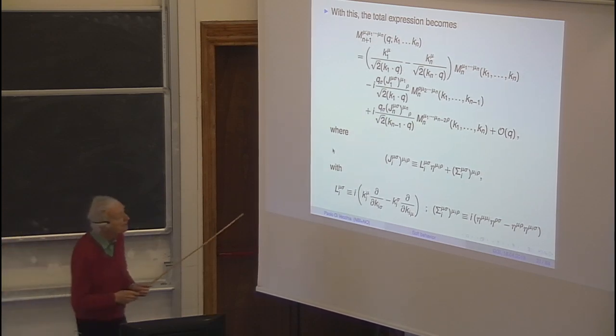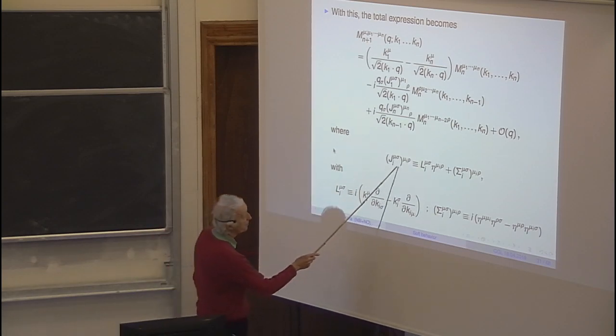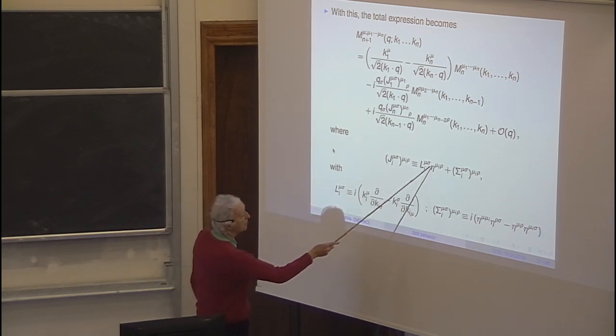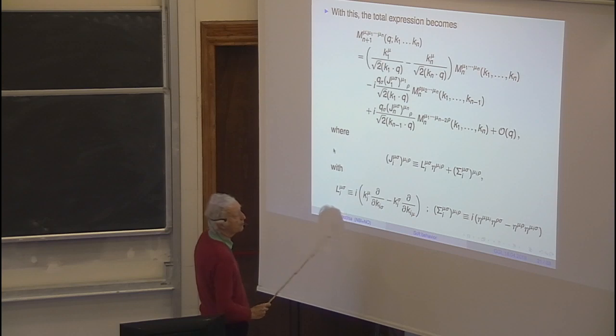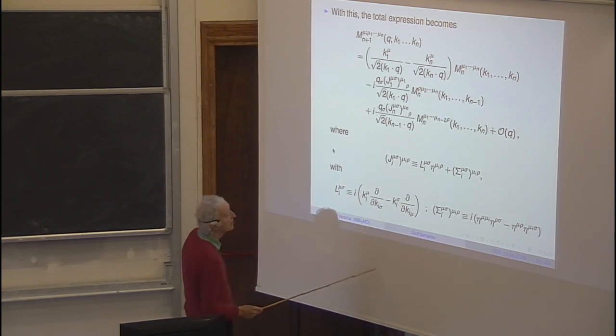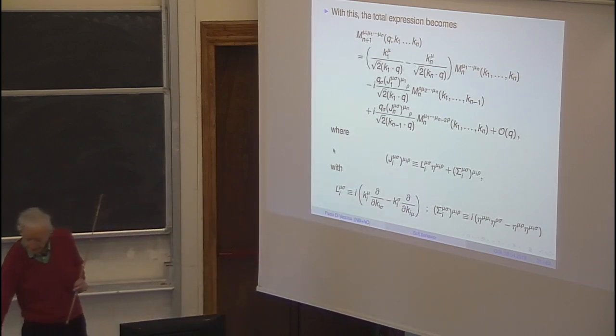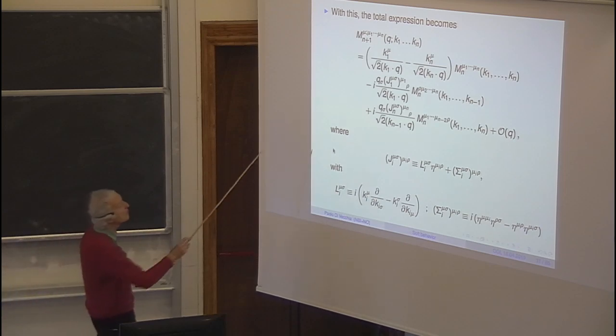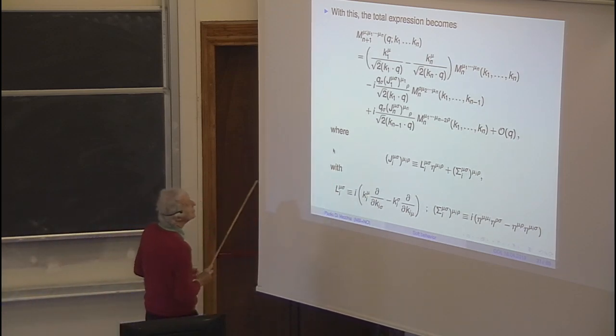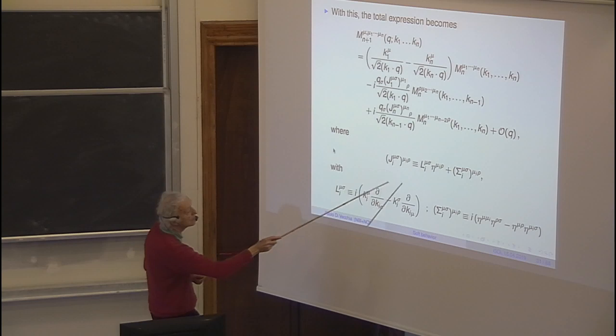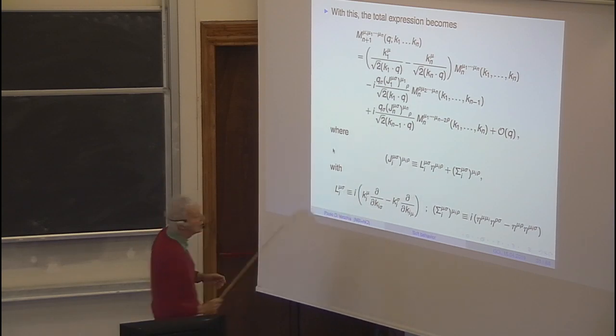And now the difference with respect to the scalar particle is that you have not only the orbital but also the spin angular momentum. And then you have to multiply by the polarization, and you have to go through with the polarization through this.